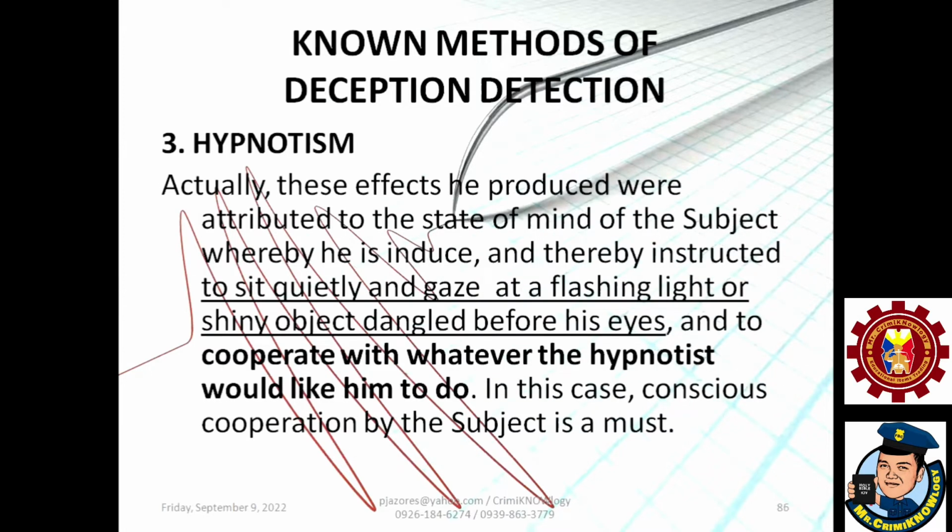Here, the subject will be instructed to sit quietly and gaze at a flashing light or some kind of shining object dangled before his eyes, so that he will cooperate with whatever the hypnotist would like him to do.